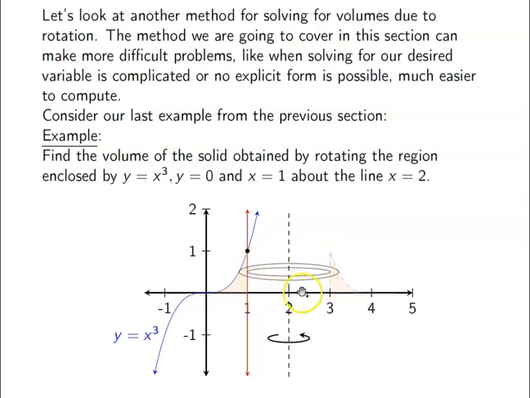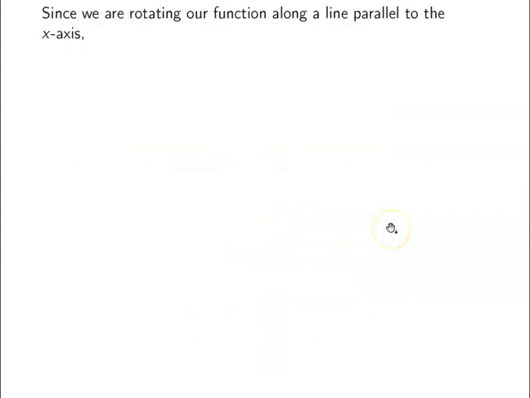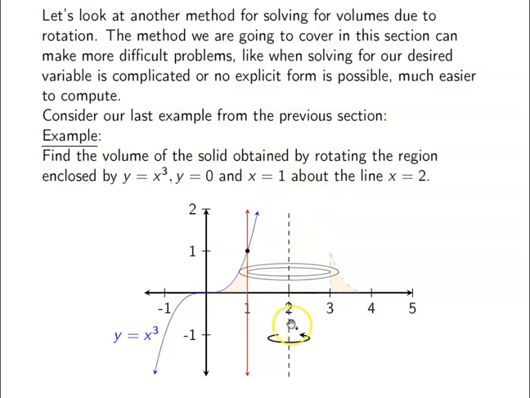You wouldn't think of it as 2 minus this outside function. So we're rotating our function along a line that's parallel to the x-axis, right? I'm sorry, to the y-axis. I should change that before I put it into a document for you guys. But it's parallel to the y-axis, right? And that's our rotation.